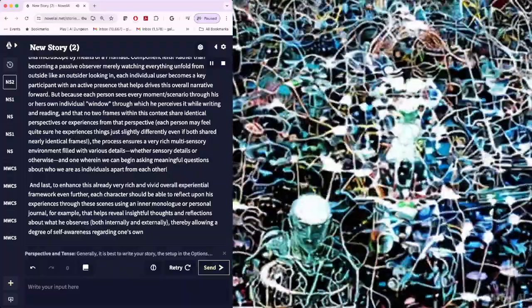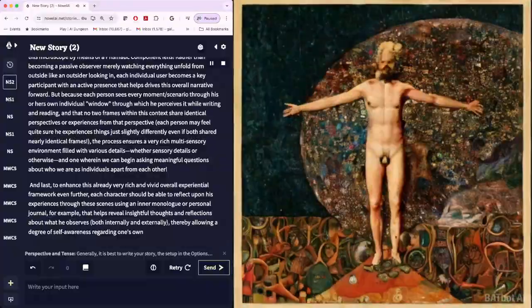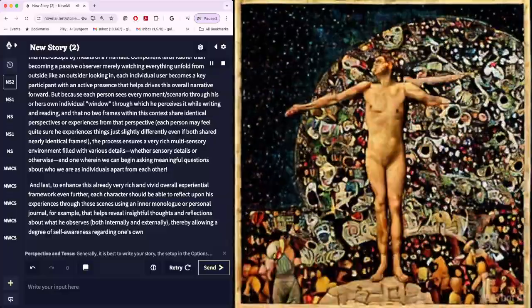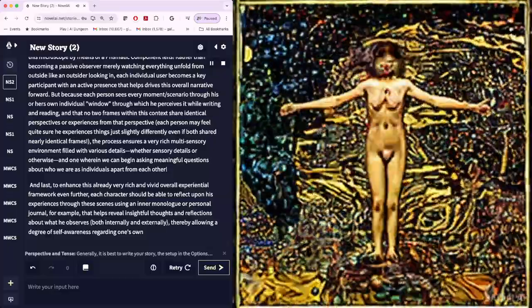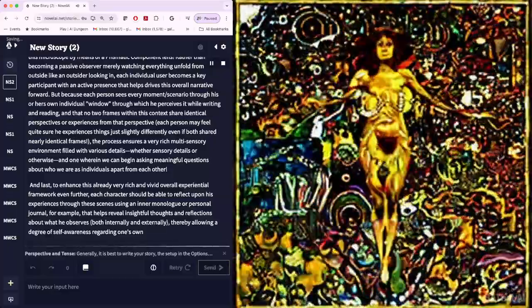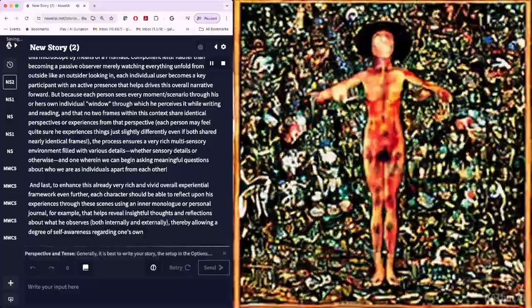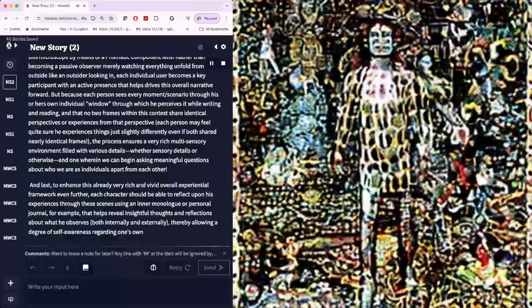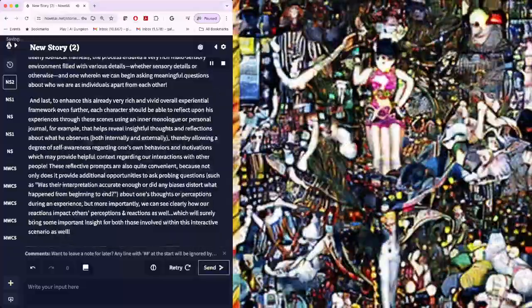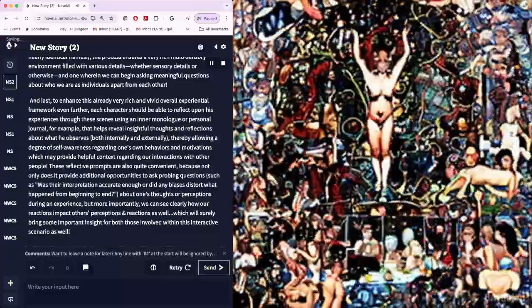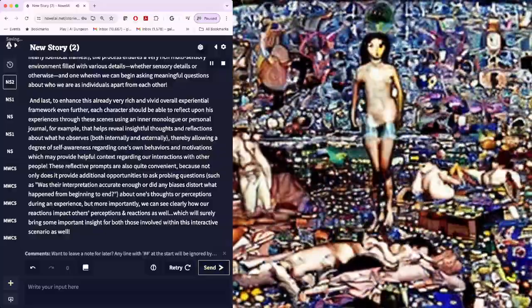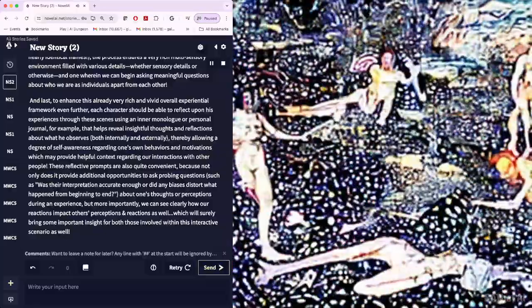Thus, they may not necessarily see or think the exact same things, or react or respond the way they would personally if it had been their own life being put under this microscope by means of a prismatic component lens, rather than becoming a passive observer merely watching everything unfold from outside like an outsider looking in. Each individual user becomes a key participant with an active presence that helps drive this overall narrative forward.